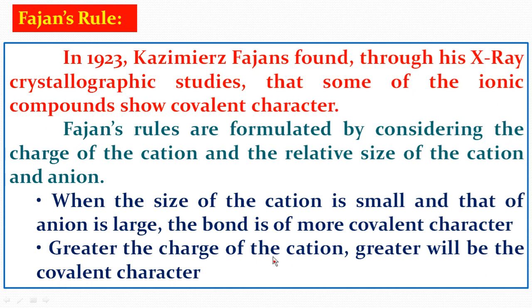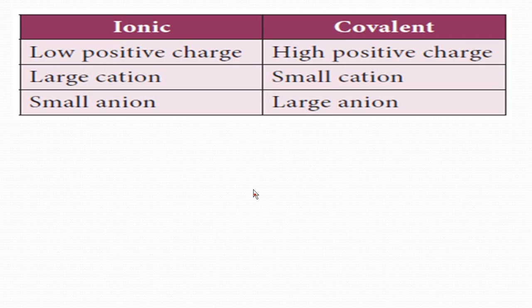And the greater the charge of the cation, 2 plus, 3 plus, the greater will be the covalent character. Based upon these two rules, now you go through the tabulation of ionic and covalent character.